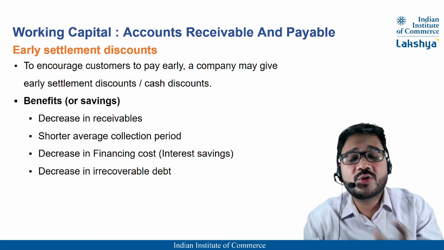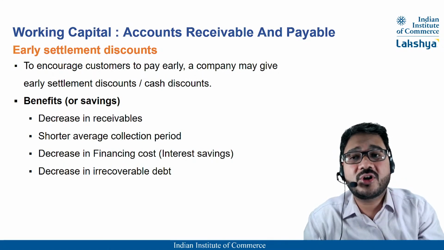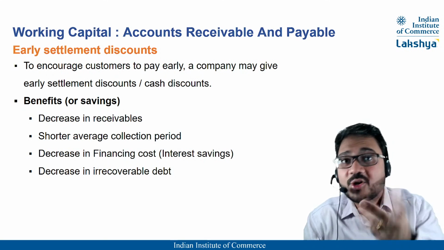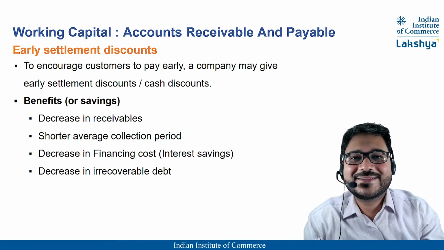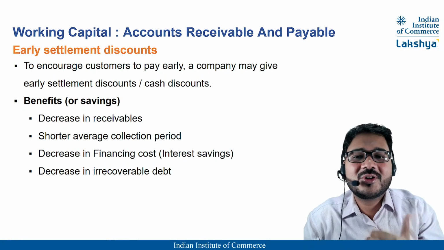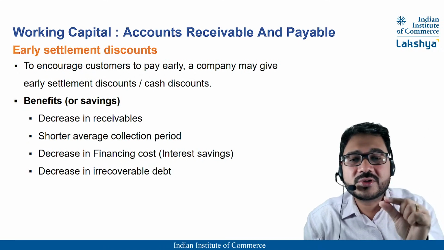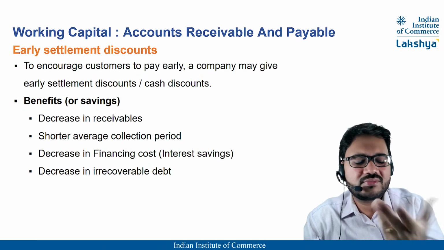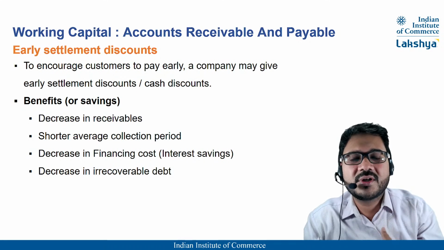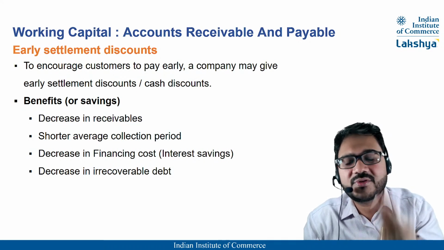Now, how do you know whether you should offer a discount or not? Again, cost benefit analysis, right? So you will try to understand that if I am giving a discount, that means I'm losing some money. Say, for example, I was to receive $100, but I gave 2% discount.